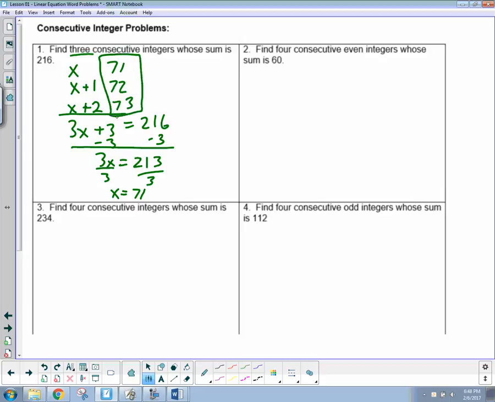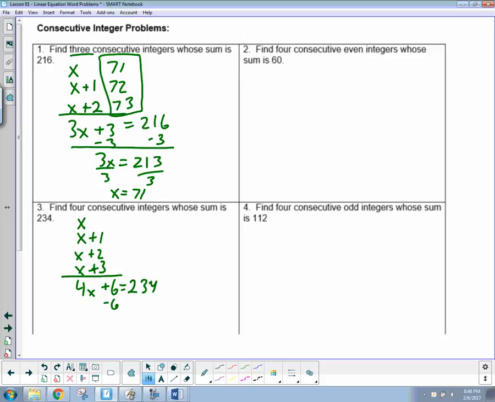Find 4 consecutive integers whose sum is 234. Again, x, x plus 1, x plus 2, x plus 3. That's going to give us 4 of them, so I stop right there. 1, 2, 3, 4, x. 4x plus 6 equals 234. Subtract 6 from both sides.